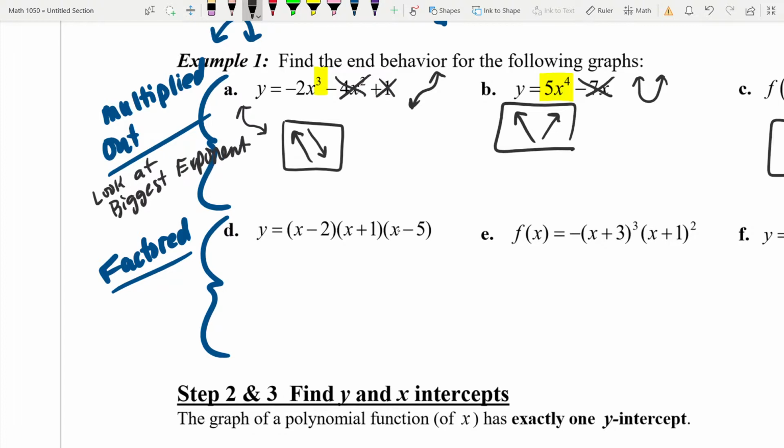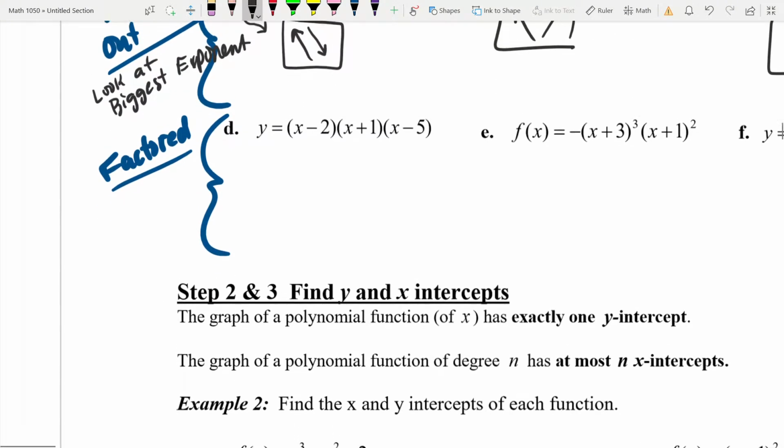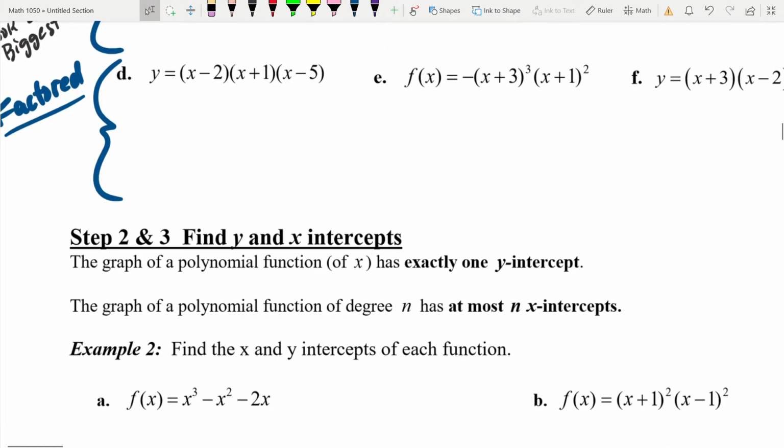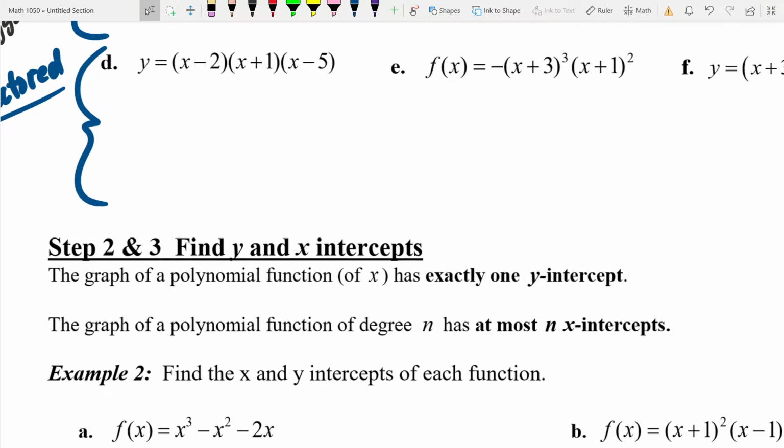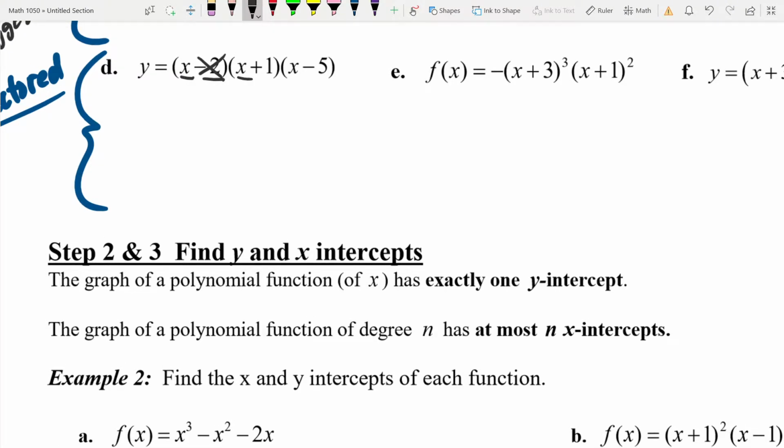Very, very simple. Okay. These next 3 are a little bit tougher, but really not that bad. Look right here and watch. Out of x and negative 2, what dominates? X. Out of x and 1, what dominates? X. Out of x and negative 5, what dominates? X. I don't have to multiply that whole thing out. That would take me like 4 minutes, and I'd probably be wrong when I was done because there are so many places that you can make a mistake.